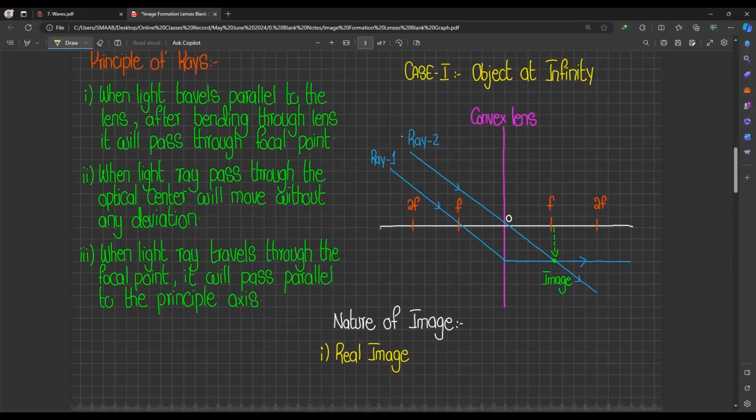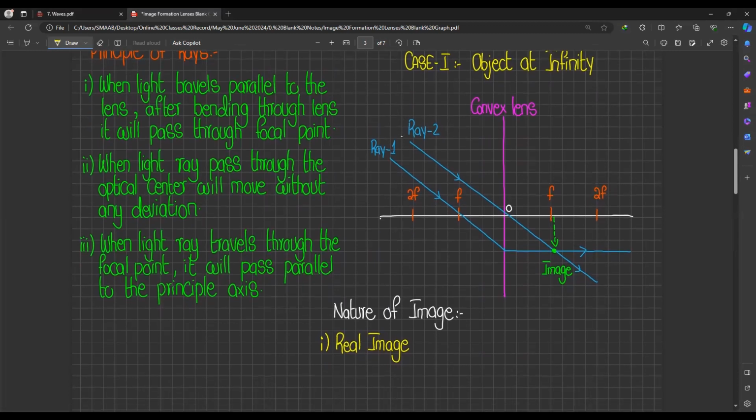And the second point you mentioned, inverted, that is also right. The concept of inverted means you observe ray 2 is coming from the top side, but now it is moving in a downward direction. And ray 1 is coming from the downside and it is going towards parallel, so it will be on the top side.